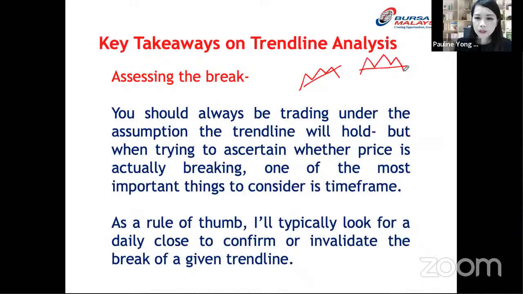So how do you know it will not reverse? Anybody? Three bar confirmation, good. We need to have three bar confirmation. If it's three days, it will be three days confirmation of whether it can go back up.